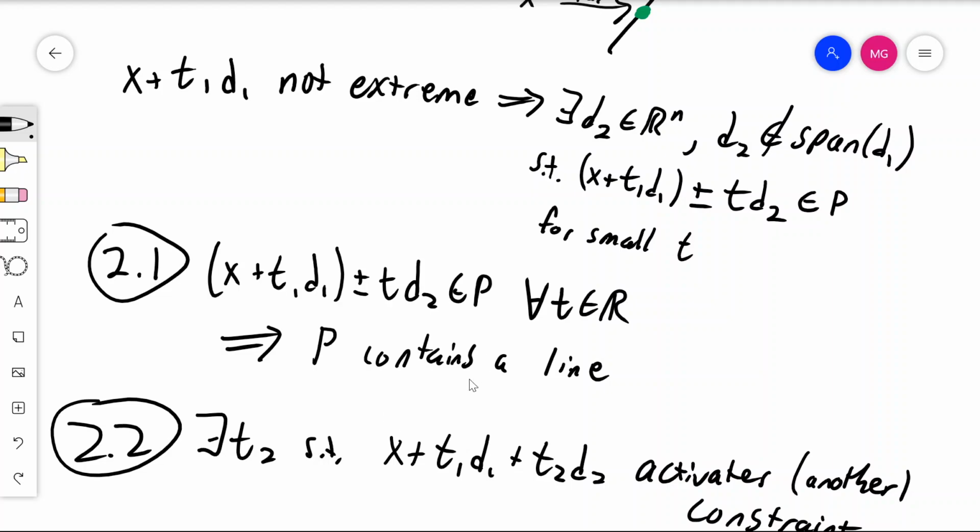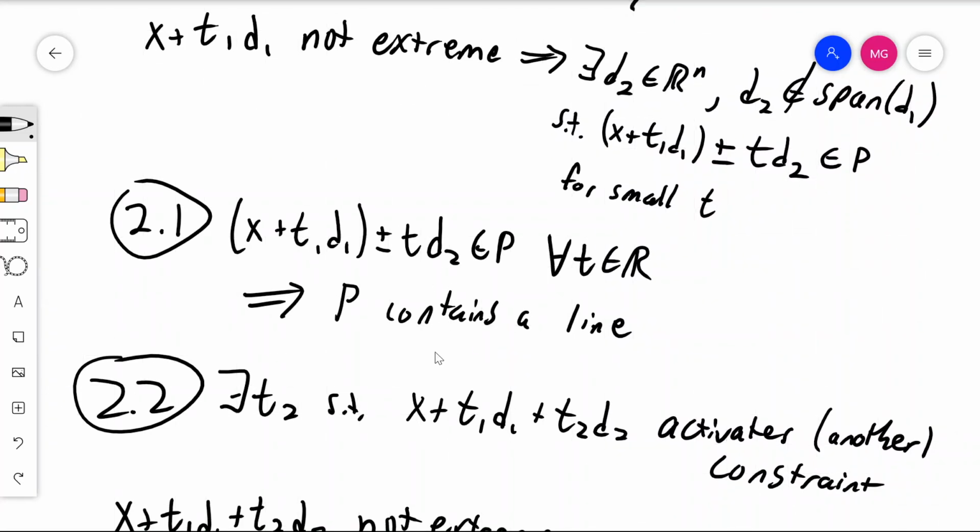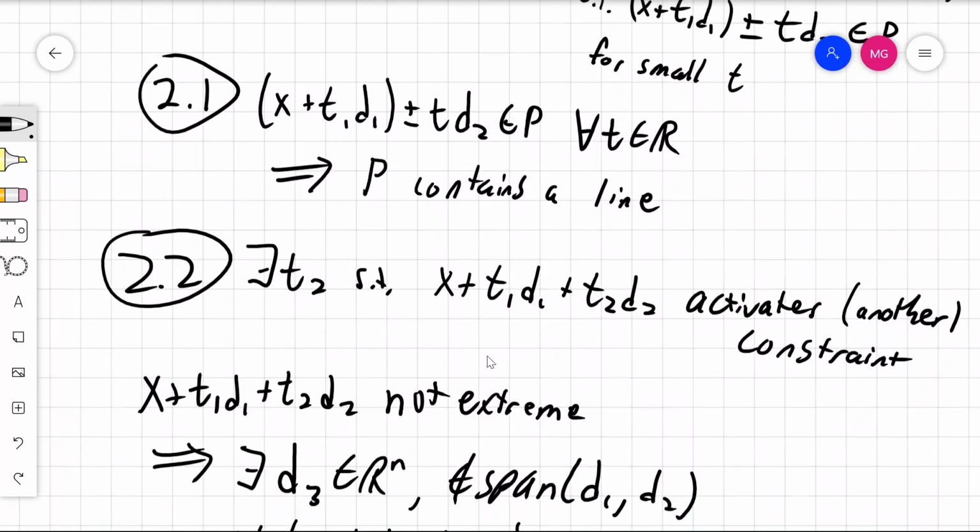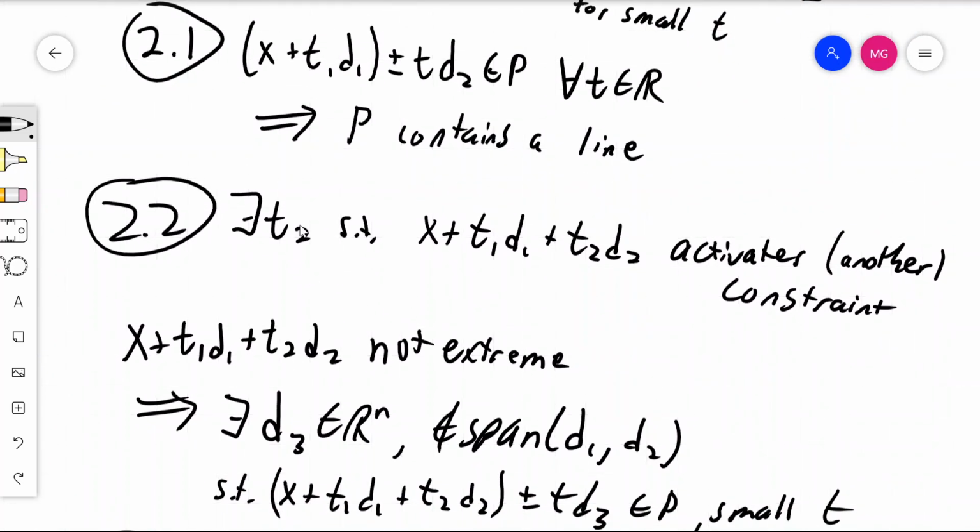That's a line in the polyhedron. So that could happen, and if that's the case, then we're done. We found our line. Or the other case, just like before, is that there's only so far you can go. So there's some value t2 such that x plus t1 d1 plus t2 d2, you only can go that far, t2 distance in the direction of d2, and then that'll activate another constraint.